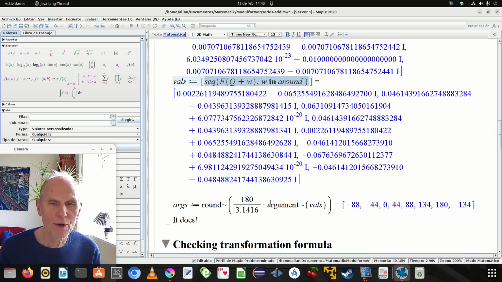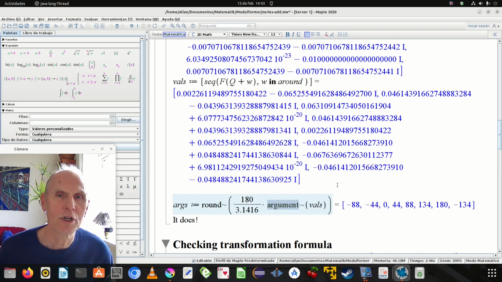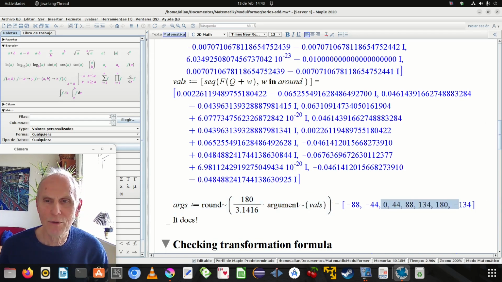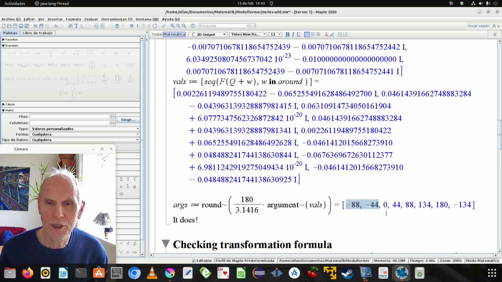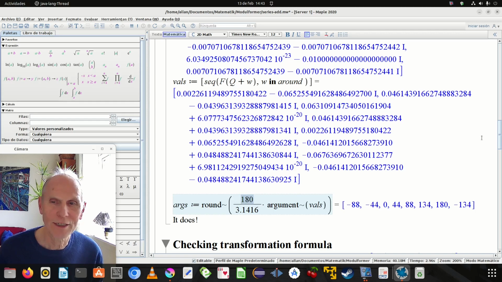Next we take the argument, and since it's naught at Q, it should go around from naught to 360 once, and that's what it does. I read out 180 by mistake.